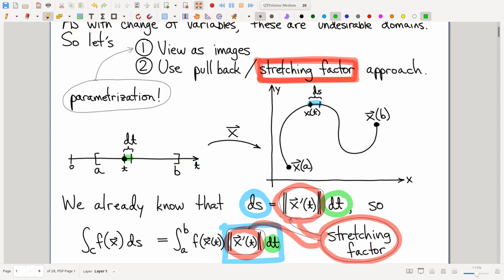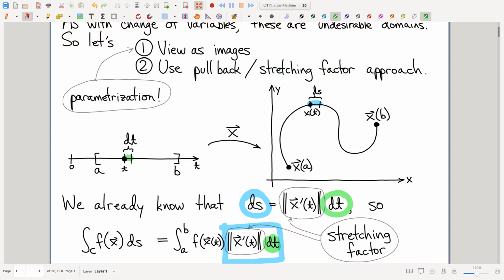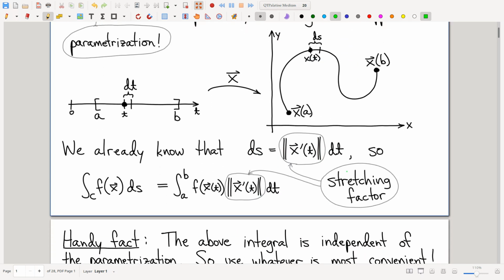So we're there again. We already had all the pieces. We just had to notice we had the pieces and assemble them. And as such, ds is the stretching factor times dt, stretching factor known. The function, you just plug in your parameterization.